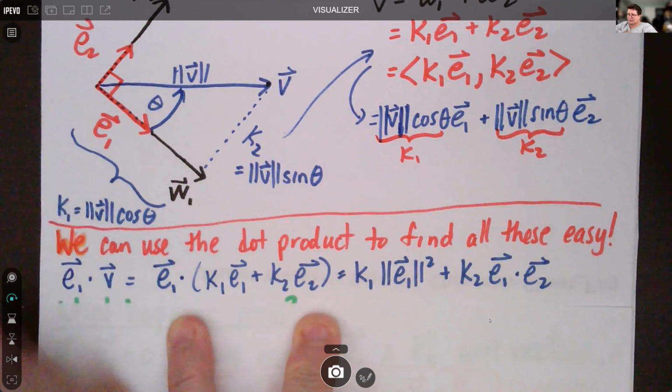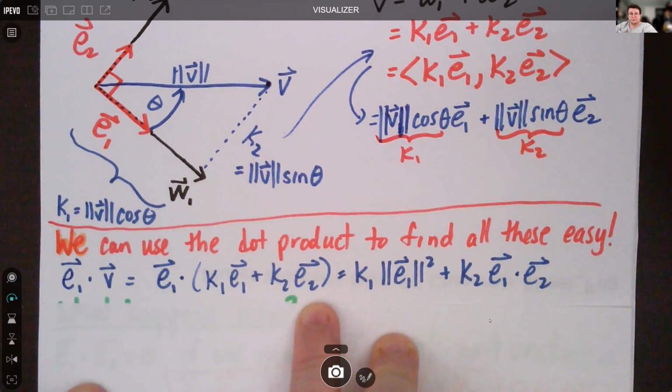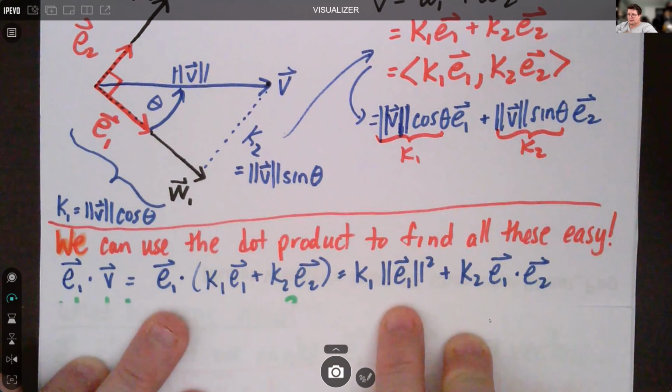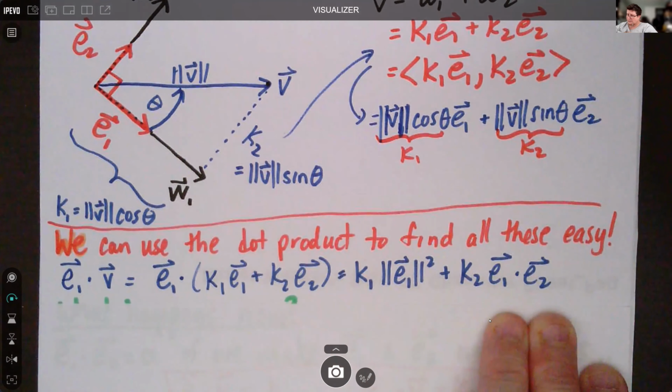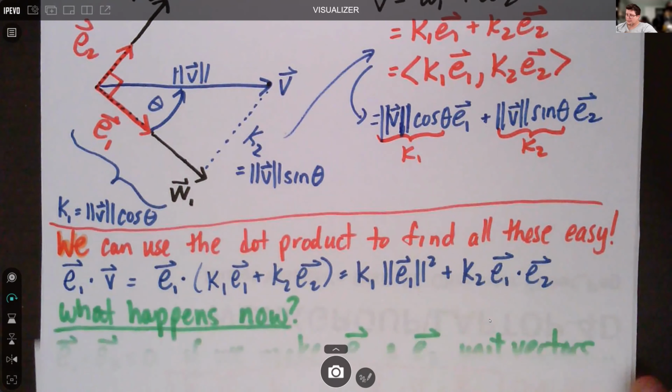So when we distribute, the dot product E1 dot E2 is 0. When I do E1 dot E1, the dot product of those two is the norm of E1 squared. E1 dots into that just fine, but E1 dot E2 is 0.